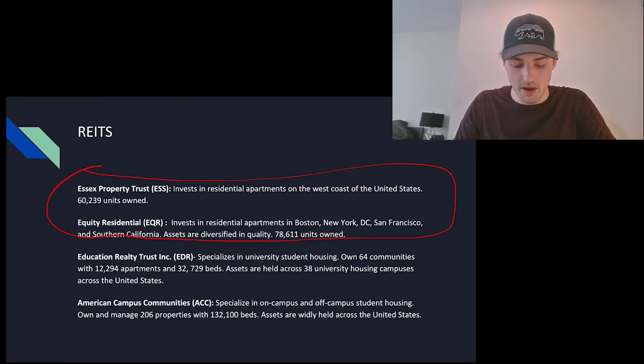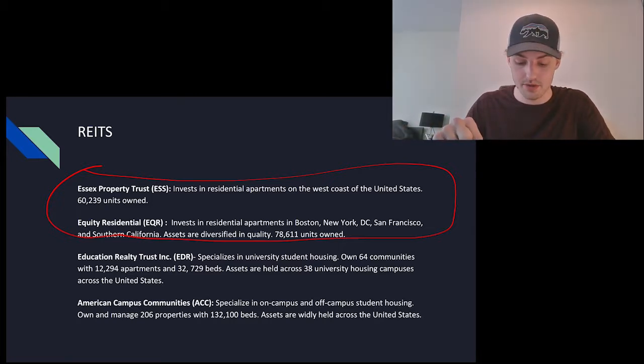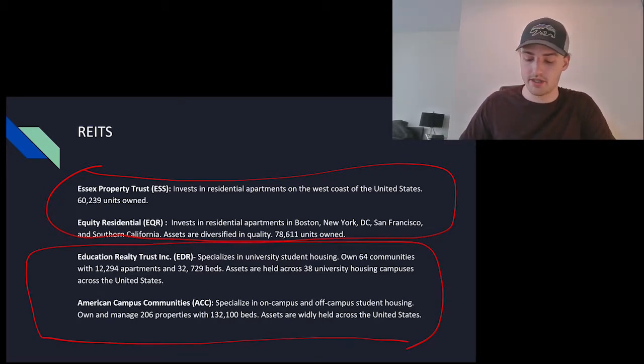And American Campus Communities, ACC, which specializes in on-campus and off-campus student housing. They own and manage 206 properties with 132,000 beds. Assets are also widely held across the United States.